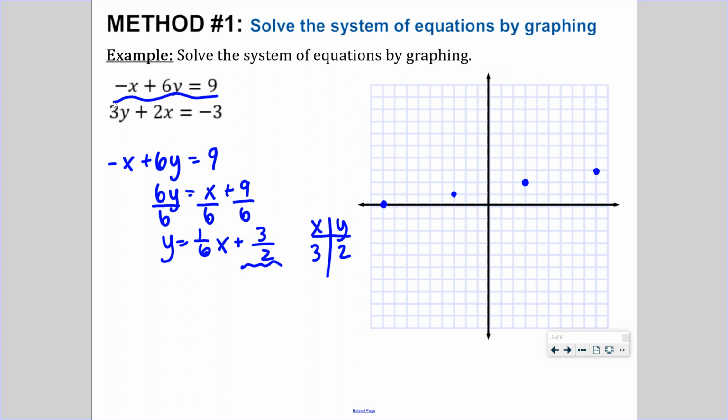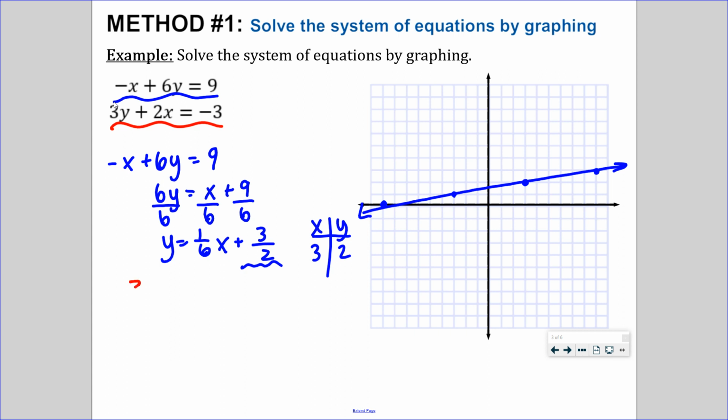That's really important for these. You should be able to fit 4 points on that line. Does my y-intercept look like it's about 3/2? Yeah. Okay, now we have exact points, so it's going to make our life easier when we try to find where these intersect.